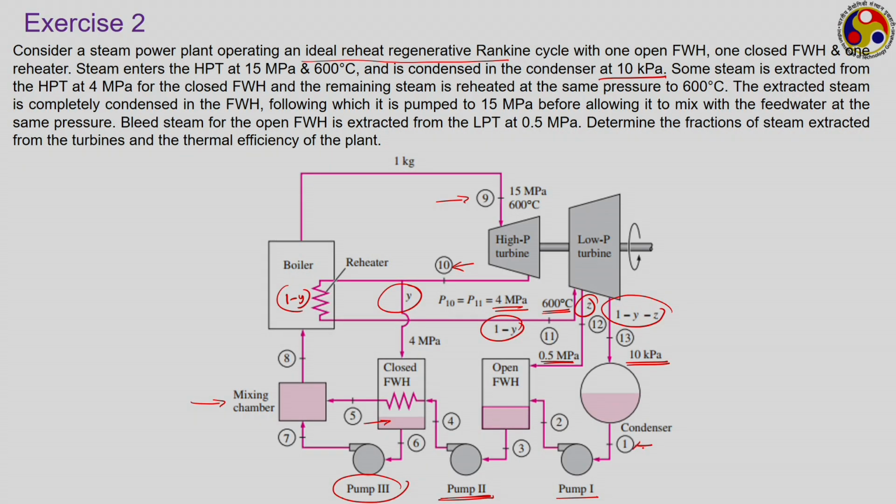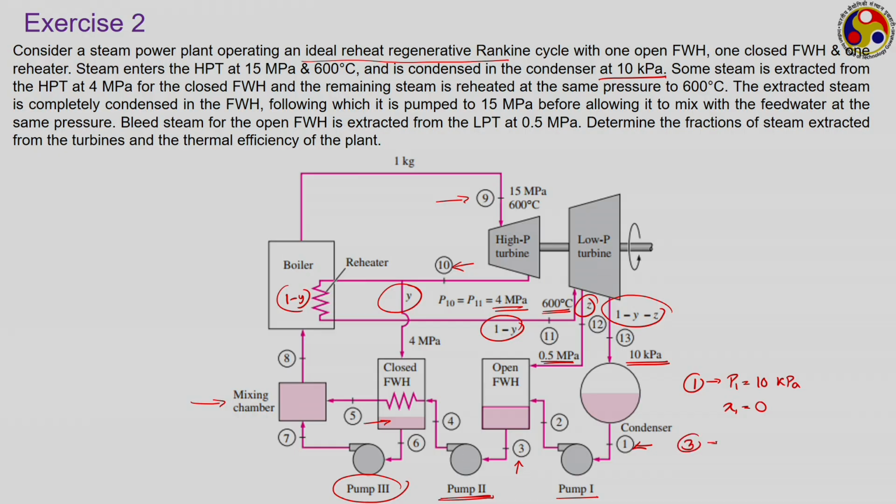And also the exit state 1, and also the exit state for this open feed water heater, that is state number 3, will be saturated liquid corresponding to that particular pressure level. That is, your point number 1 will be having a pressure of 10 kilopascal and its quality will be 0 because it is saturated liquid.